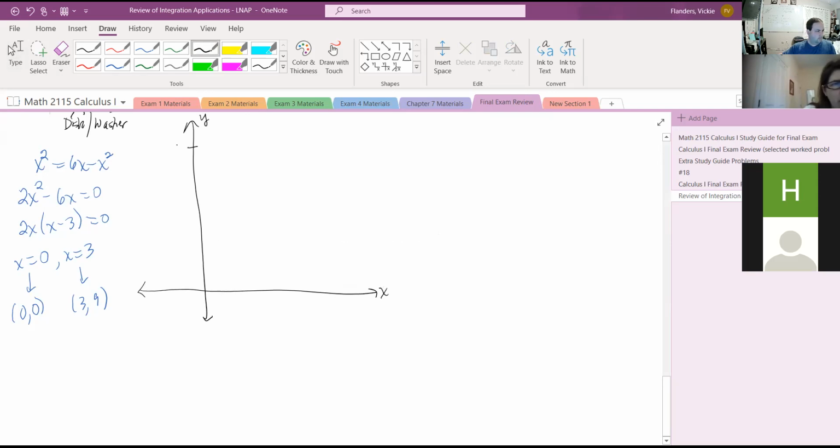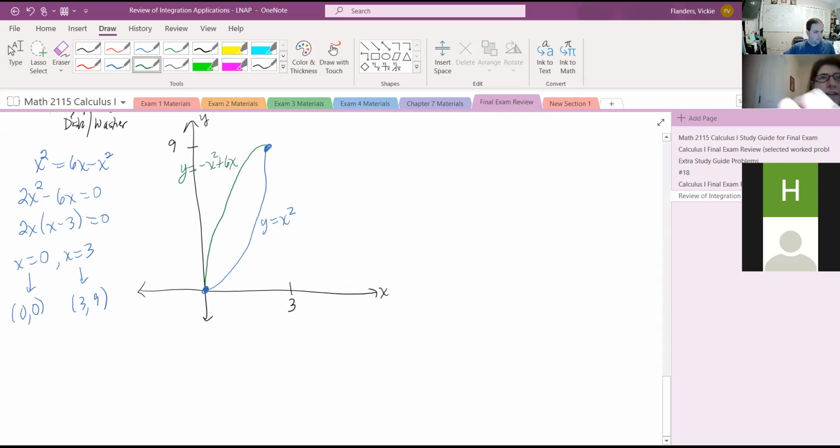So I'm just going to call this 9, and I'm going to call this 3. So (0, 0) and (3, 9). Okay, let's call this one the x squared. And then the other one, let's put that one in green. This is the negative x squared plus 6x.